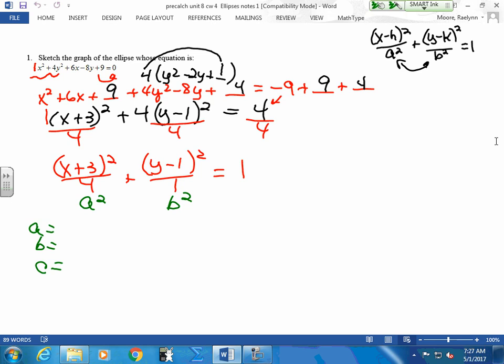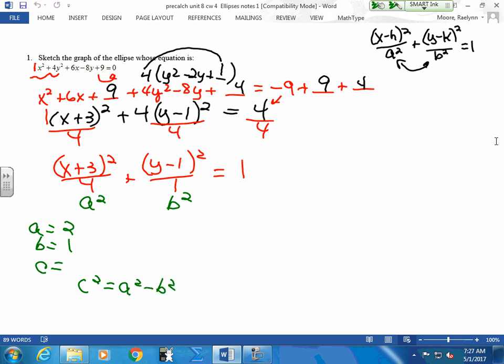One of the mistakes I see all the time is when these numbers, especially if they're not perfect squares, like if it's a 3 and a 1, a lot of kids give me 3 and 1. Remember, the top is squared, the bottom is squared. And we can get radicals in this too. So we take the square root. So A is 2. What's the square root of 1? 1. So then we're going to use C squared is equal to A squared minus B squared.